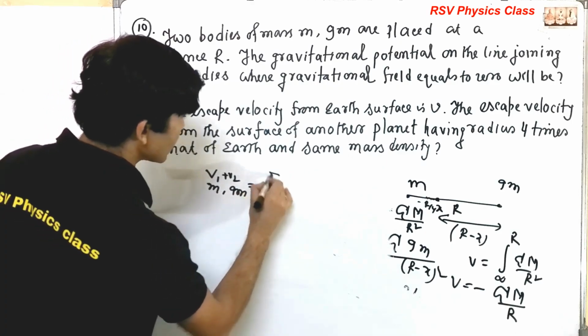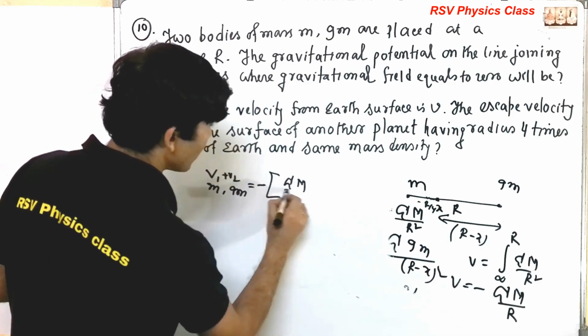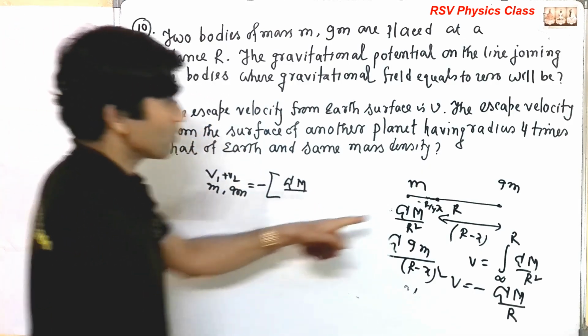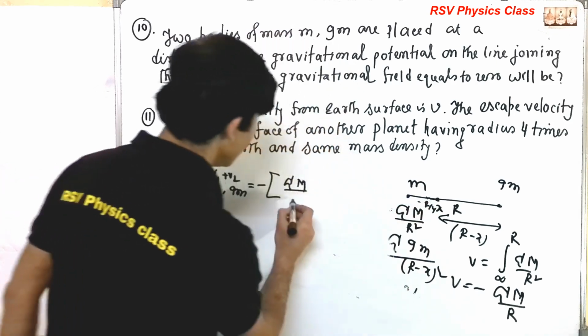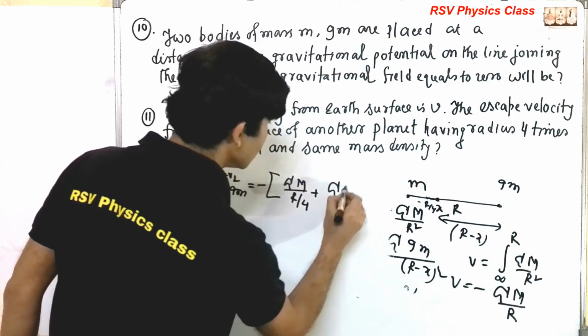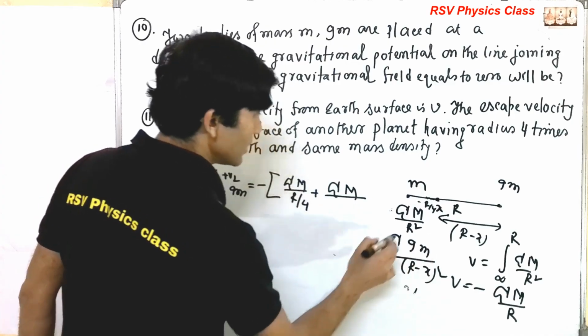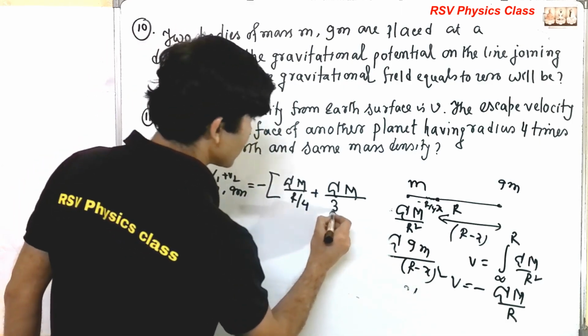It will be minus of GM over, at this point, r/4 plus, and here it will be 3r/4.